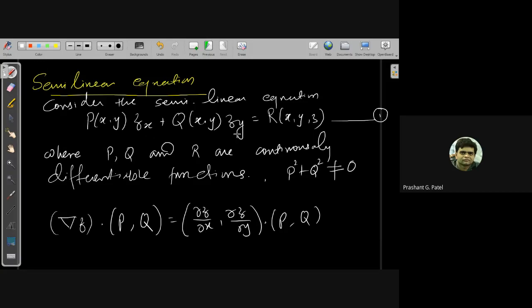So we can say that the expression on the left hand side of equation 1 is the directional derivative of z in the direction of (p, q) at the point (x, y).